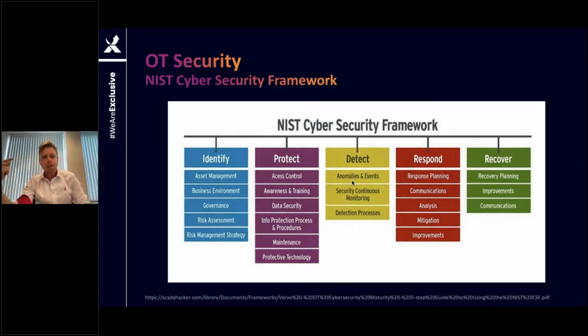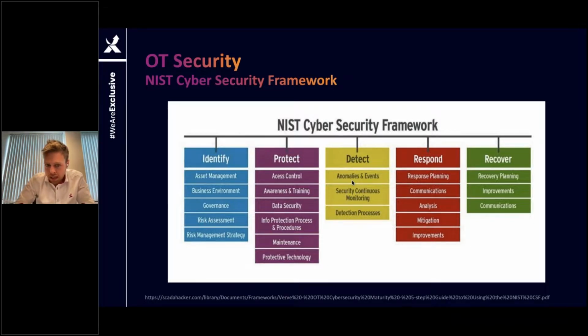You need to know what is communicating with what. You need to do risk assessments. Second, protect. So access control, training, maintenance, things that you put in place in order to prevent someone from accessing your ICS by doing something malicious.